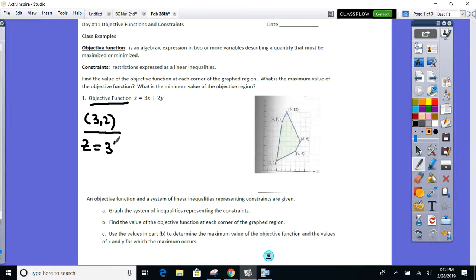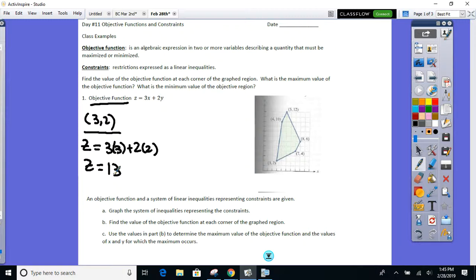X, so 3 times 3 plus 2 times 2, the y coordinate. What's the value of z there? 13. Now, is that the max? Is it the min? I don't know, because I've got to test the other points too.